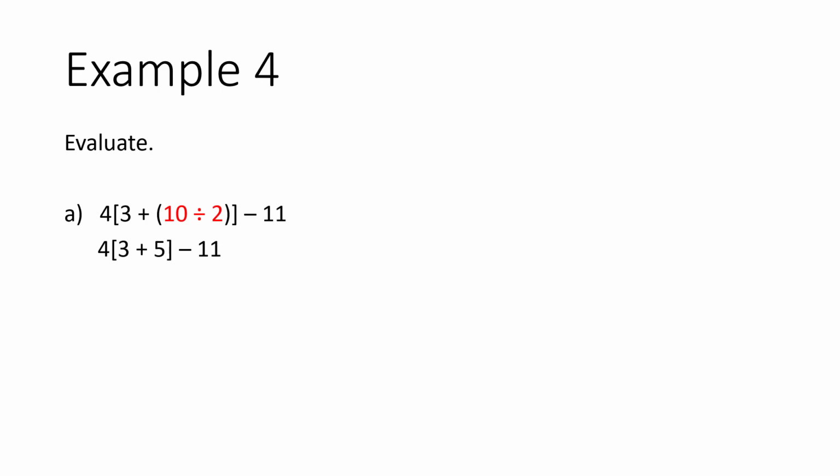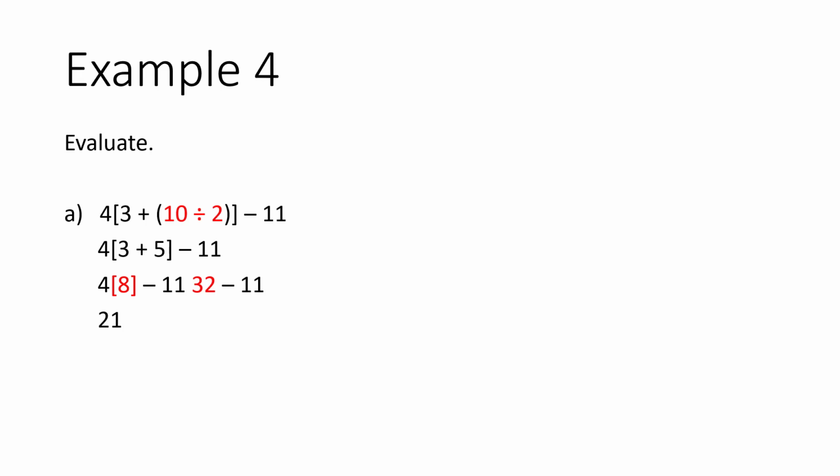That gives us 5. Now we're going to clear the other grouping symbol and do 3 plus 5. So now we have 8. 4 times 8 minus 11. So that's 32 minus 11, which gives us 21.